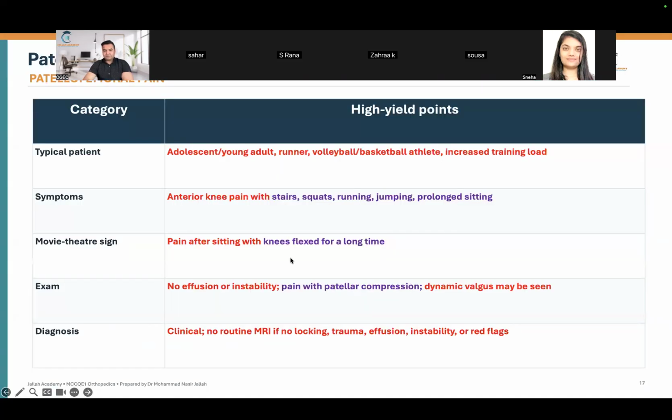Patellofemoral pain. Typical patient, usually adolescents or young adults, usually athletes, runners, volleyball players, basketball players, with increased training load, someone who is intensely exercising.